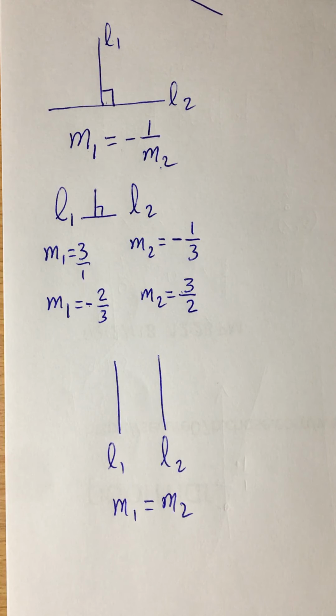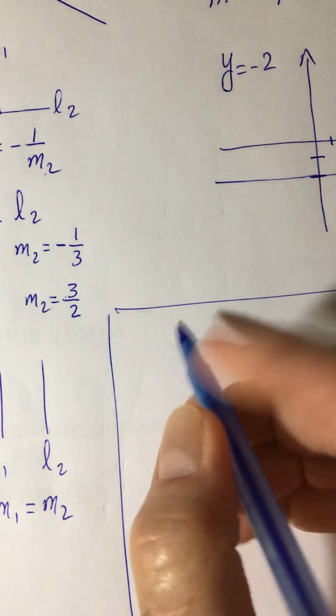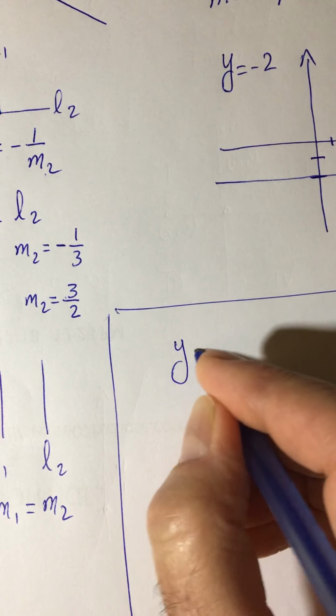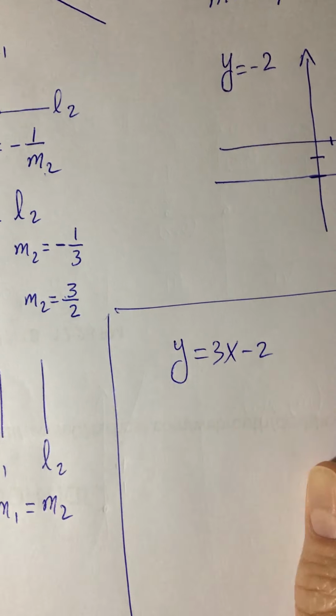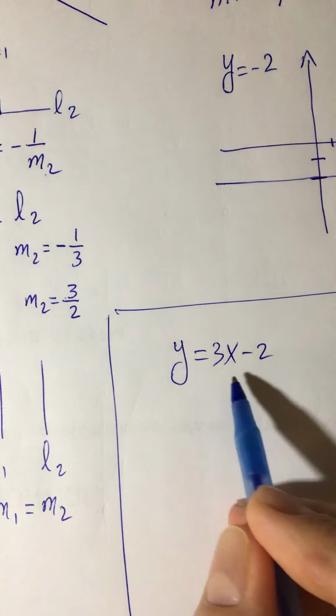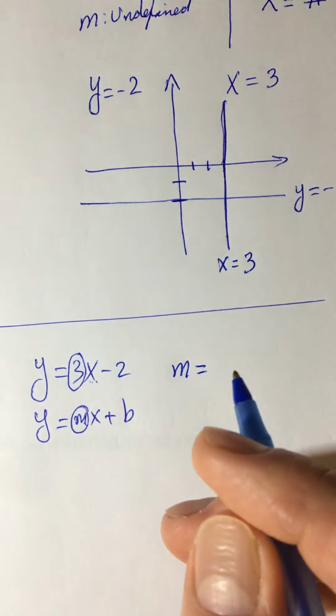Okay, so let's go back to the earlier example that I gave you, y equals 3x minus 2. And let's dissect it. So if you compare it to y equals mx plus b, what is my m? My slope is the coefficient in front of your x, in front of your variable. The variable is never part of the slope.